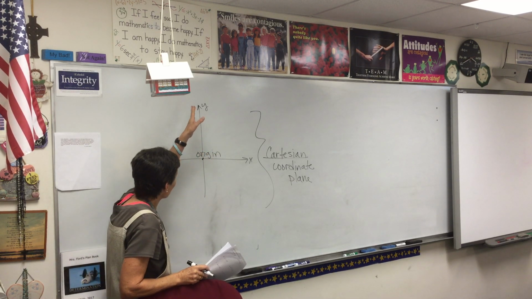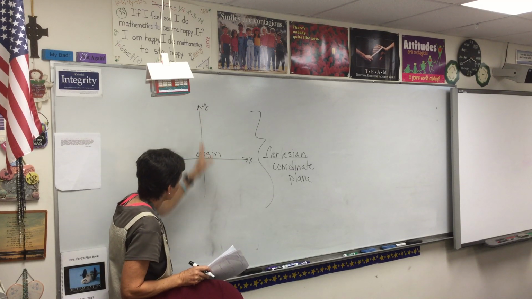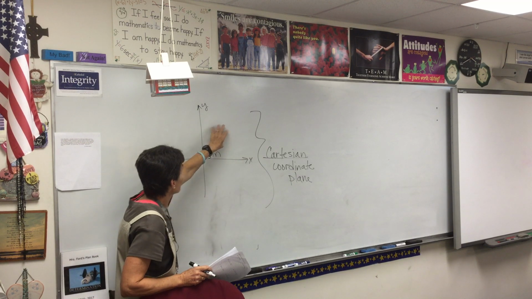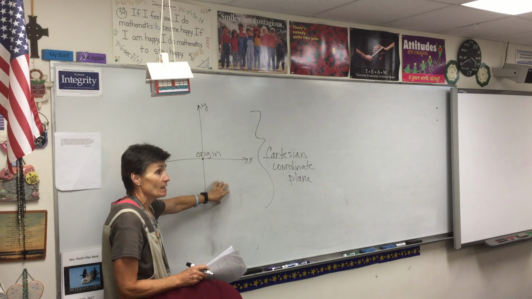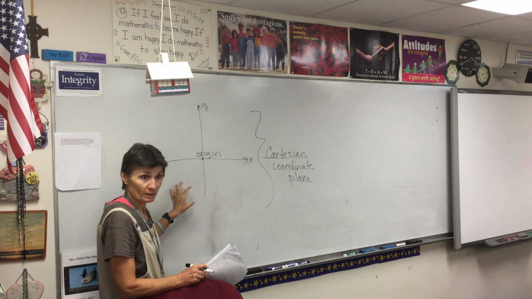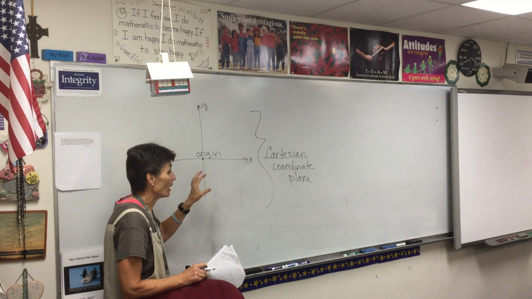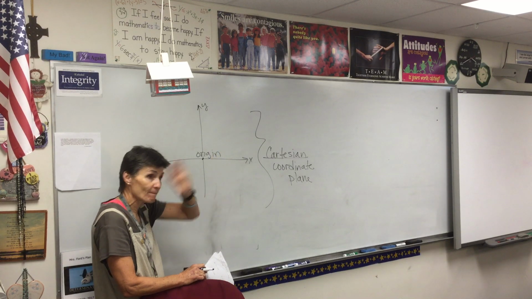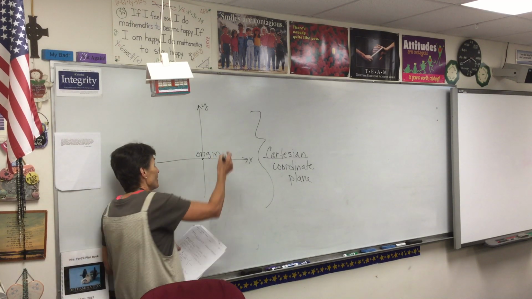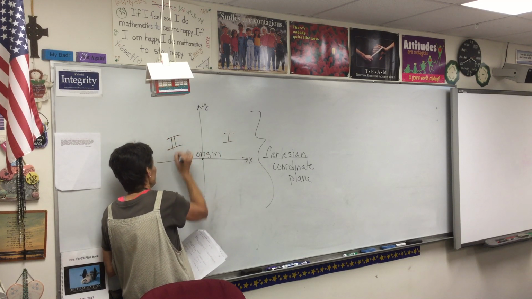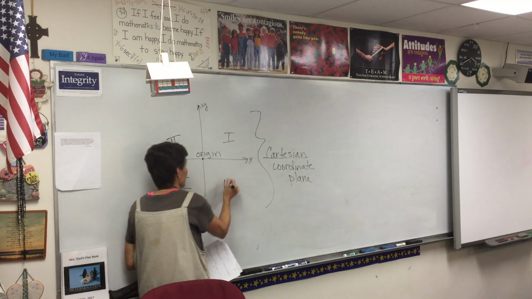And then when you draw in your x and y axes here, you're splitting the plane up into 4 pieces, right? Those 4 pieces are called quadrants. And the quadrants are labeled the same way by people all over the world. Everybody labels the quadrants. This one is 1, 2, 3, 4.